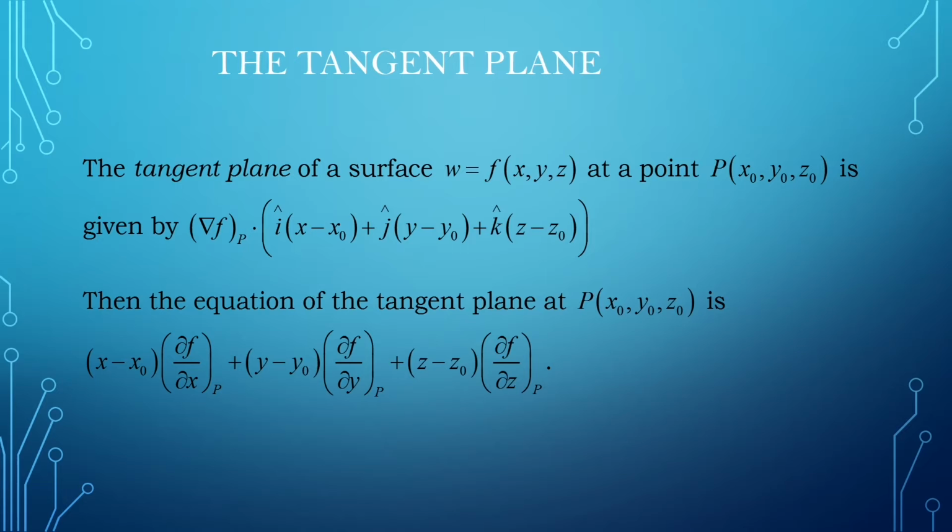The dot product between these two vectors gives us the equation of the tangent plane: (x minus x0) times dou f by dou x plus (y minus y0) times dou f by dou y plus (z minus z0) times dou f by dou z. This equation represents the tangent plane of the given scalar field at the given point P(x0, y0, z0).